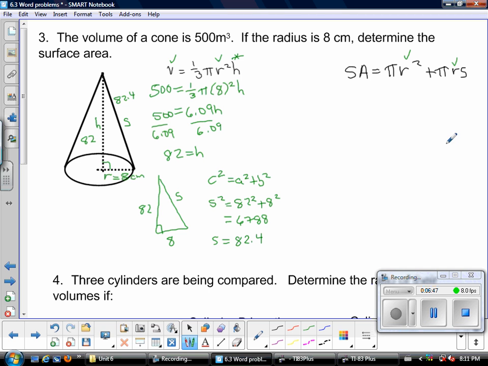And now what we're going to do is we're going to find our surface area. So I've gone down here. Now I'm going back up here just so people can follow what we're doing. So surface area is going to equal pi times the radius, which was 8 squared, plus pi times 8 times our 82.4.